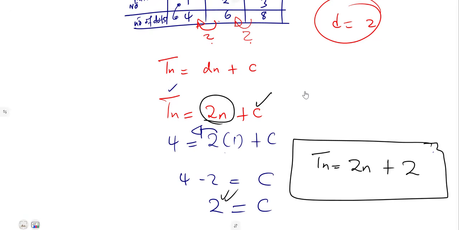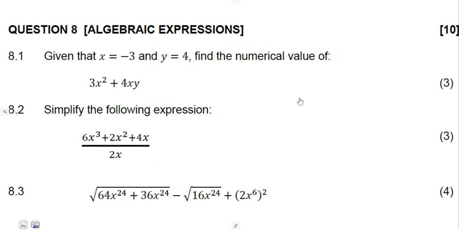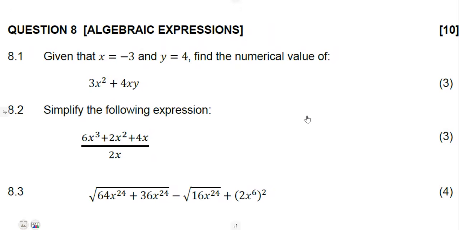So if we are to consider another part, in this case, that is question number 8. That is our algebraic expressions, 10 marks. We are given that x is minus 3, y is 4. Find the numerical value.